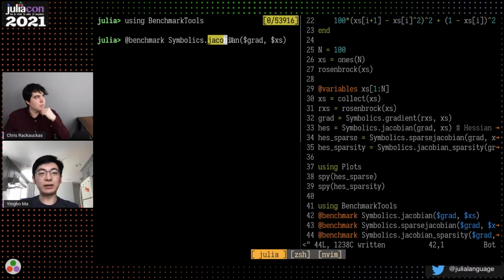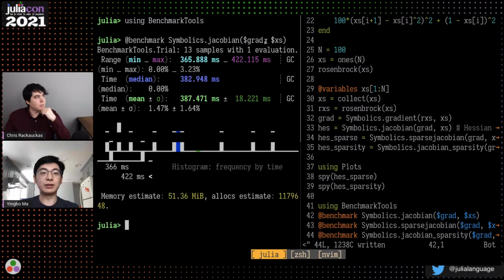We expect that this is going to be the slowest because this one doesn't take any advantage of the zero entries, right? This one takes almost 400 milliseconds to evaluate, and it uses around 15 megabytes of memory.